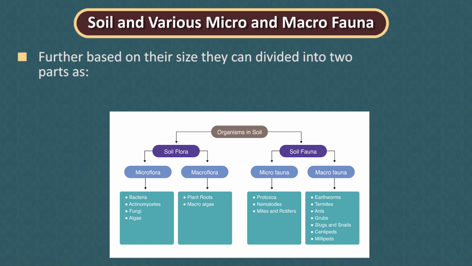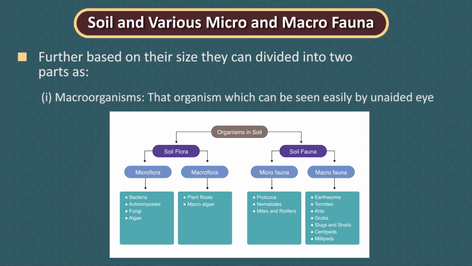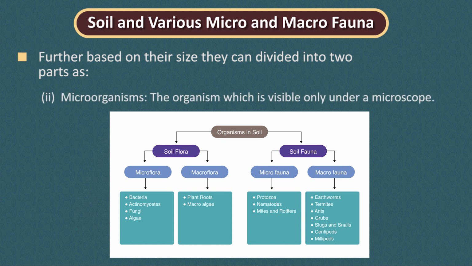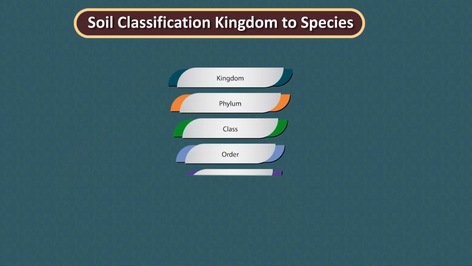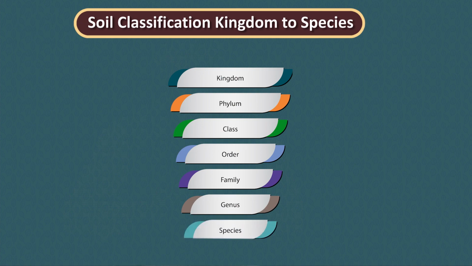Further, based on their size, they can be divided into two parts, microorganisms and macroorganisms. Macroorganisms can easily be seen by the unaided eye, while microorganisms are visible only under a microscope. Students, the taxonomic classification runs from kingdom to species, which includes kingdom, phylum, class, order, family, genus, and species.